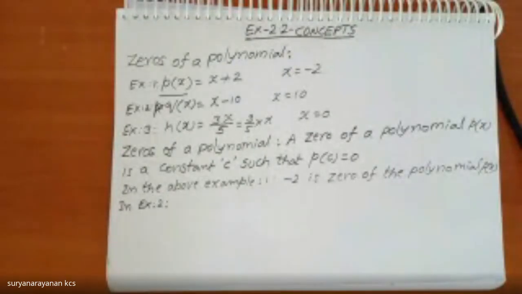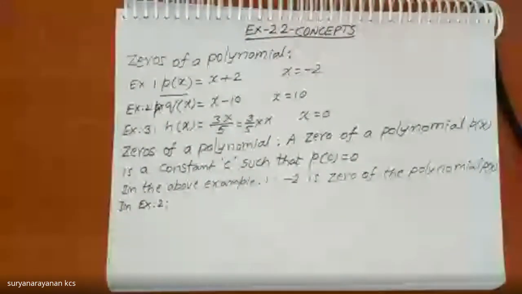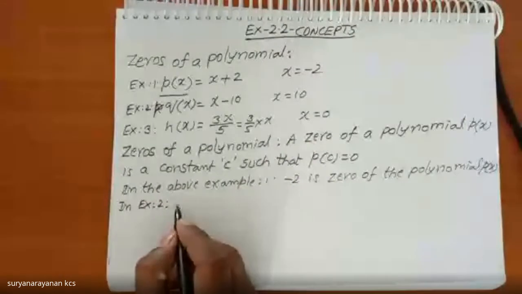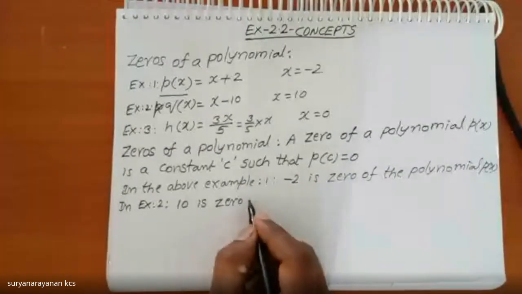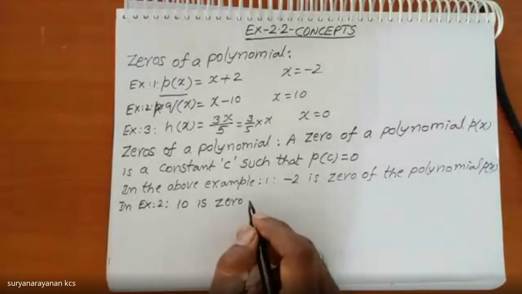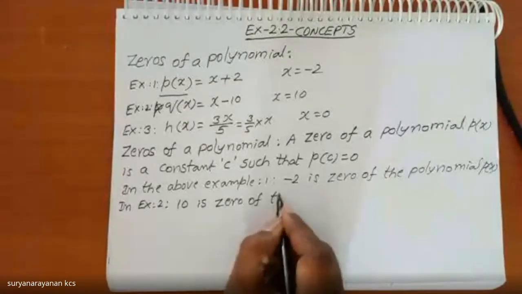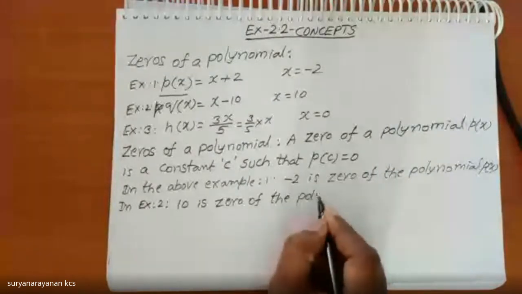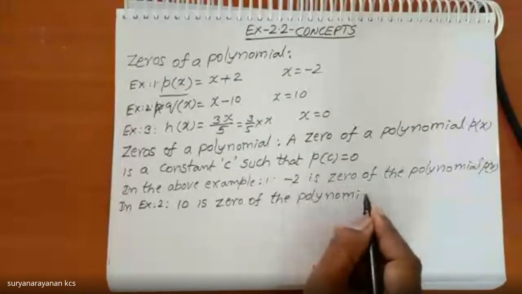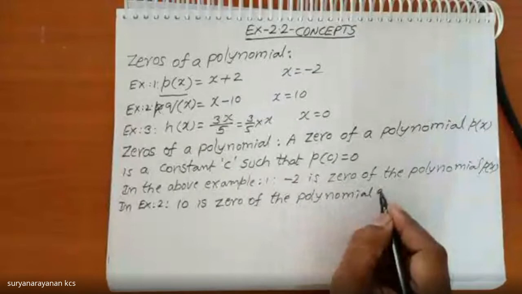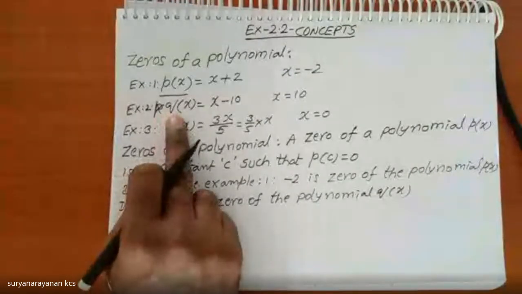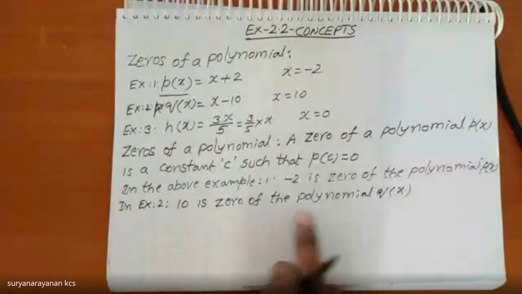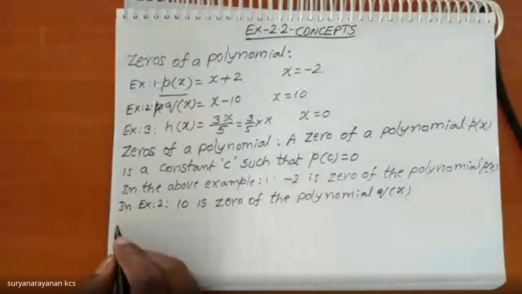Here the name of the polynomial is q of x. So 10 is the 0 of the polynomial q of x.